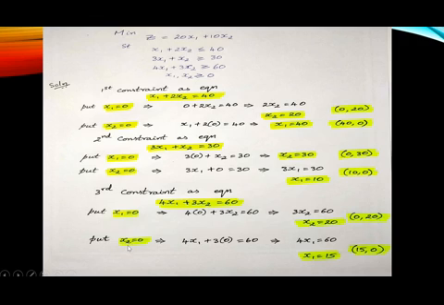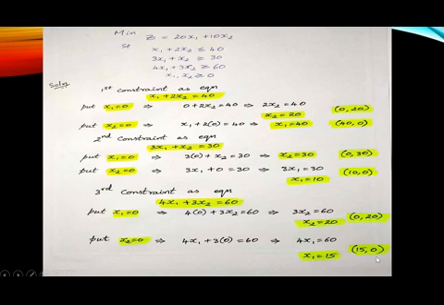Now put x2 equal to 0. So I get 4x1 equal to 60, so x1 is equal to 15. The point that I get is 15, 0. So the coordinates that I've got are 0, 20 and 40, 0 for the first equation, 0, 30 and 10, 0 for the second equation, 0, 20 and 15, 0 for the third constraint.